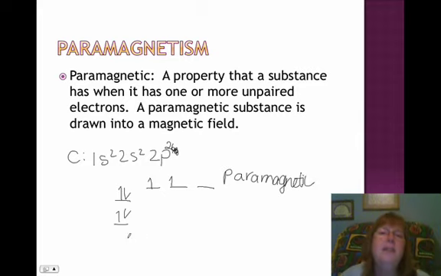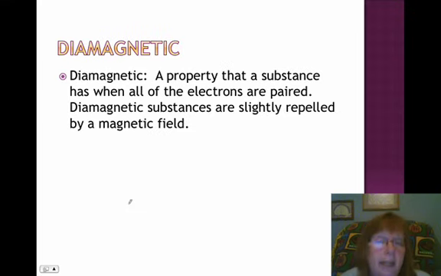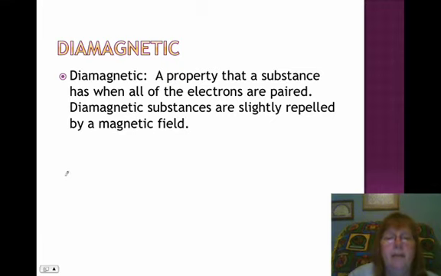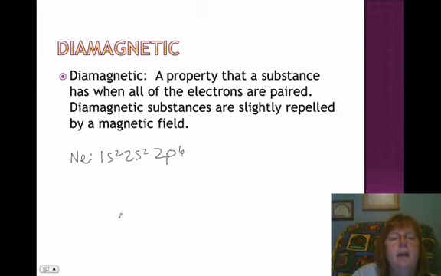So you sometimes have to look at the orbital diagram to figure out if it's paramagnetic, but if they're all paired up, it's called diamagnetic. That's when all the electrons are paired and they are slightly repelled by a magnetic field. Let's look at our electron configuration for neon, a noble gas. So 1s2, 2s2, 2p6.